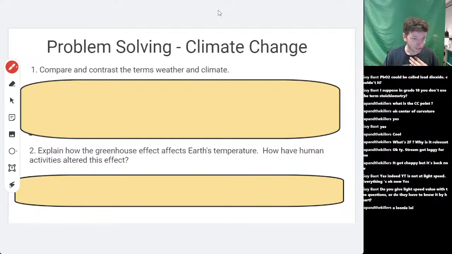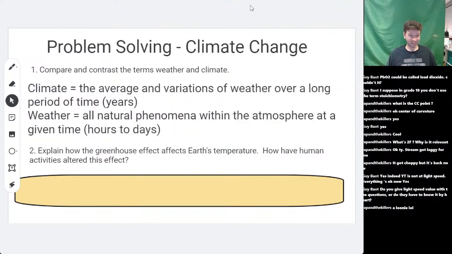And some different types of problem solving. This is one I usually like to put: what's the difference between weather and climate? I love the phrase, I don't know who first said it: climate is what you expect, weather is what you get. So, put more properly, climate is the average or variations of weather over a long period of time, so years.